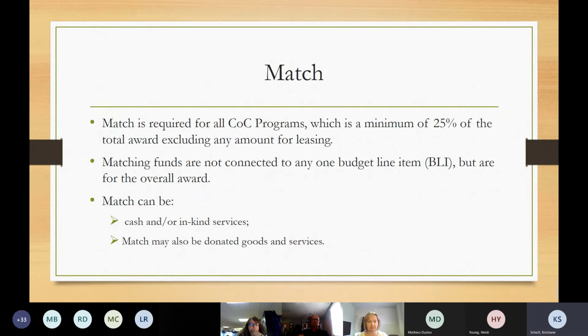Match funds are not connected to any one budget line item. So match is for your overall project award amount. It's not connected specifically to rental assistance or supportive services or administration costs. It is connected to the overall award. Match can be either cash, in-kind services, or in-kind donated goods.